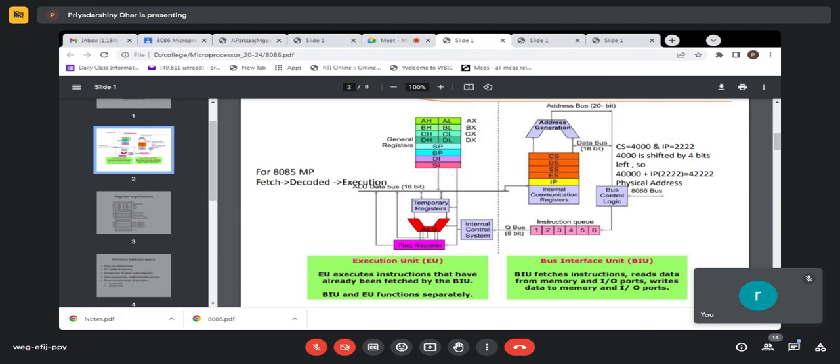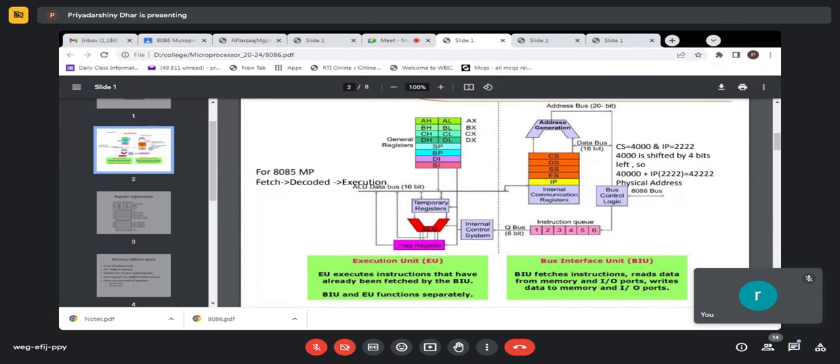Another feature of the 8086 microprocessor is that it provides segmented memory addressing capability. Segmented memory addressing means the externally connected memory chip is divided into parts, and we call them the code segment, data segment, stack segment, and extra segment.